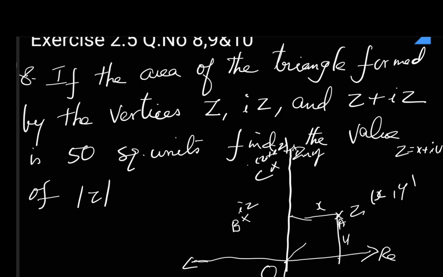And what about the line joining the origin? This is x, 90 degrees, so you get root of x squared plus y squared, that is your modulus z. So this modulus z lies here. Again you join here for iz, also the same modulus z.